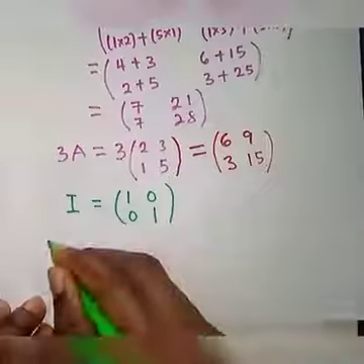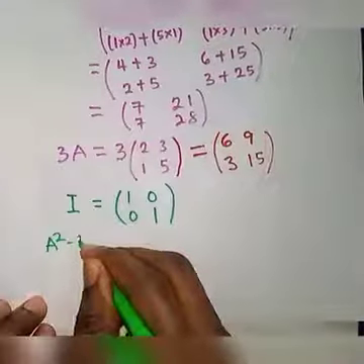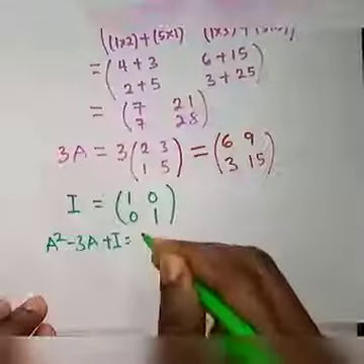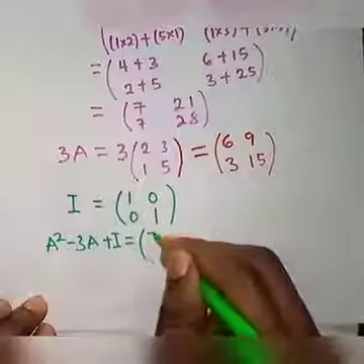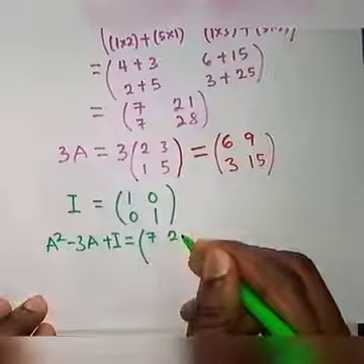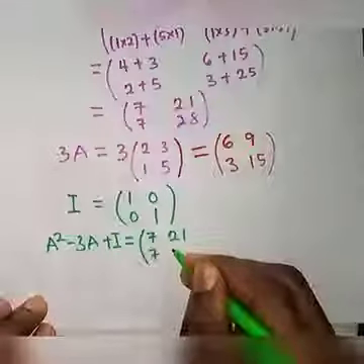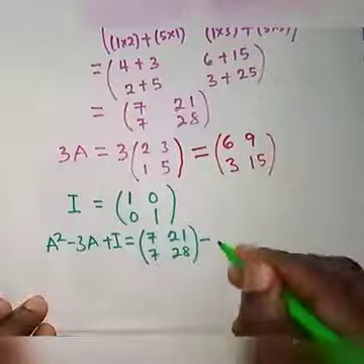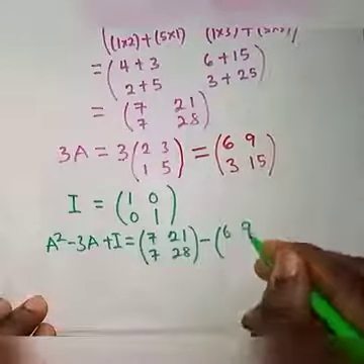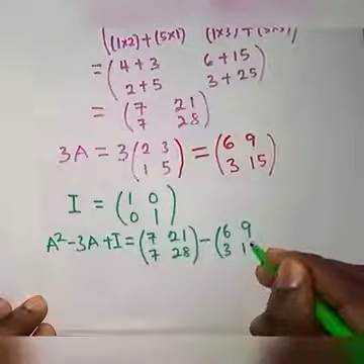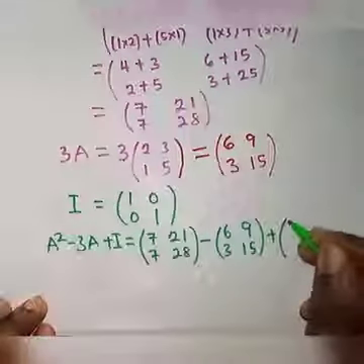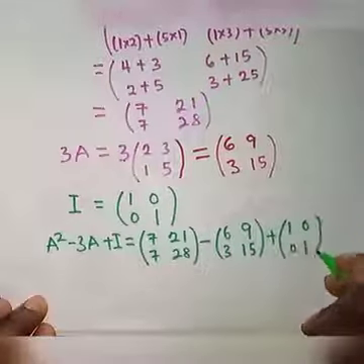Therefore, A squared minus 3A plus I equals, A squared is 7, 21, 7, 28, minus 3A, 3A is 6, 9, 3, 15, plus I, the identity matrix, which is 1, 0, 0, 1.